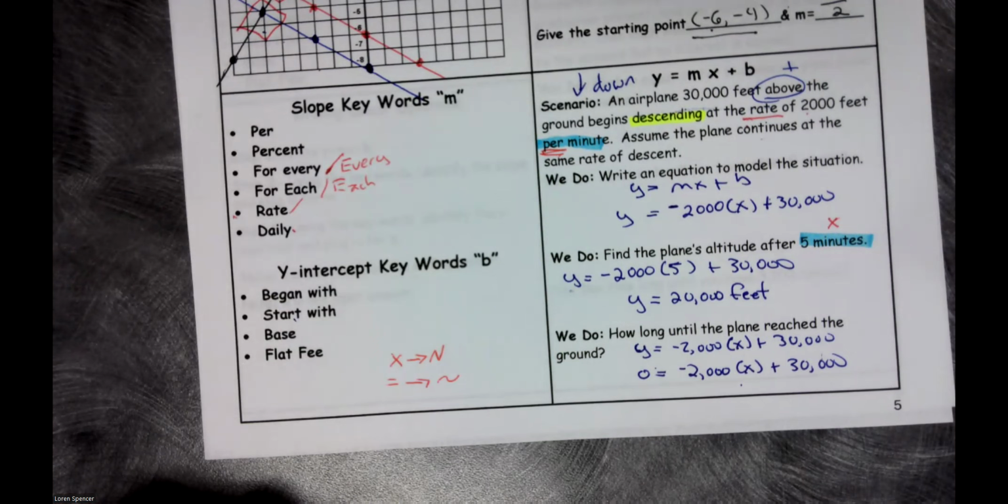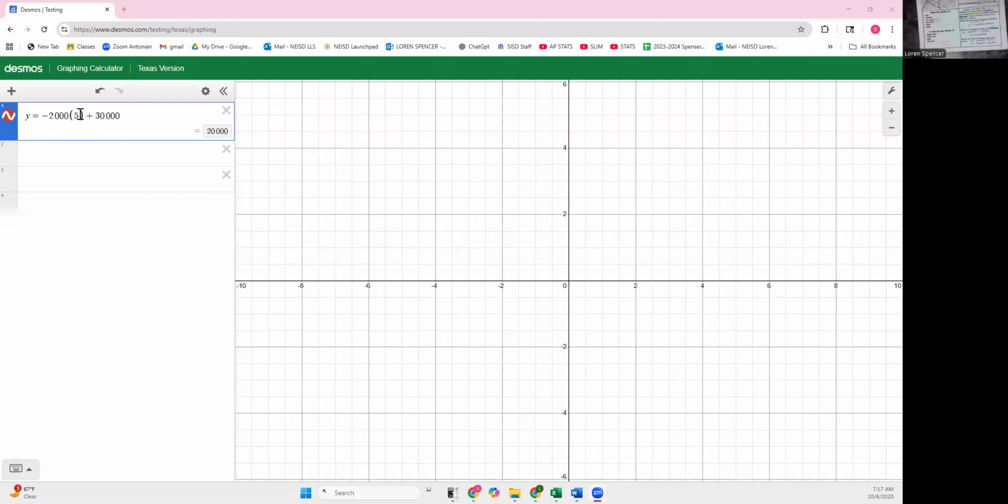So here we go. We'll swap back over to Desmos real quickly. And I'm going to go back to my original equation where I had an x. Well, we need to change some things. We're going to change the y into a 0. And it won't do that.